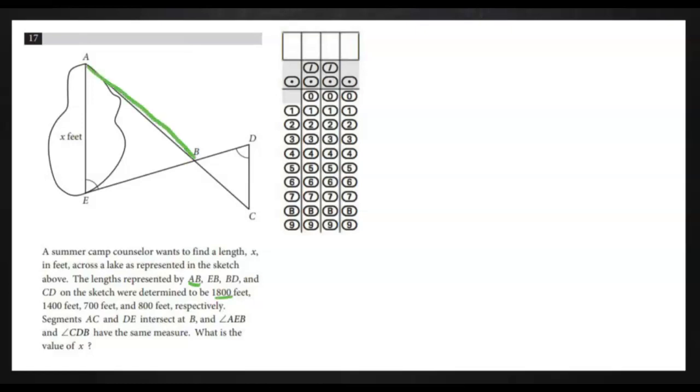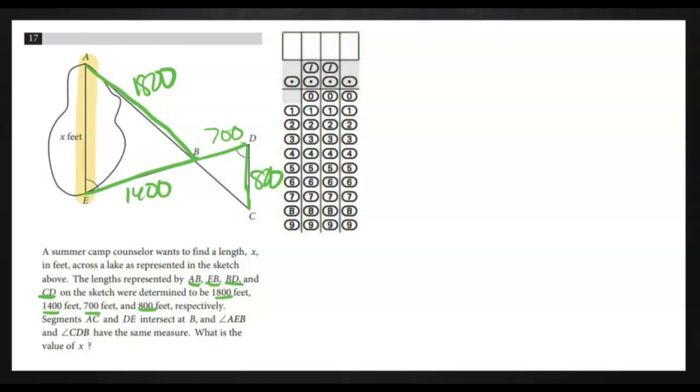So here we go, AB is 1800. You have EB, that is 1400. Then you have BD, that is 700. And you have CD, which is 800. And you want to go ahead and find X.